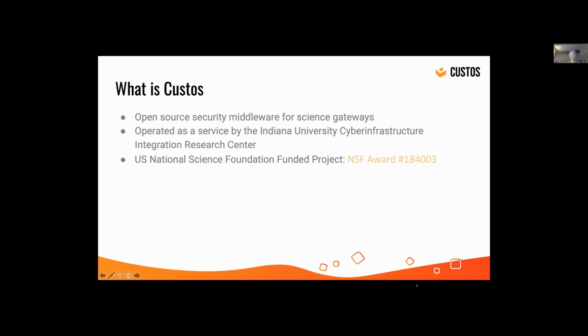So that's the motivation of the Custos project, and we implement this as open source security middleware. So it's open source. We'll have resource links here I'll show in a second if you want to look at the code. It's all governed by the Apache Software Foundation and its governance policies.